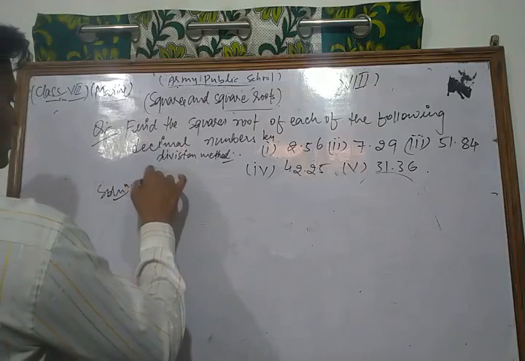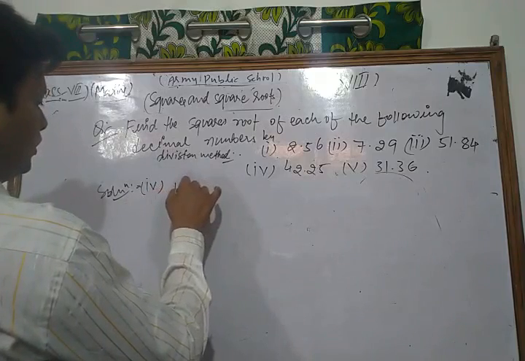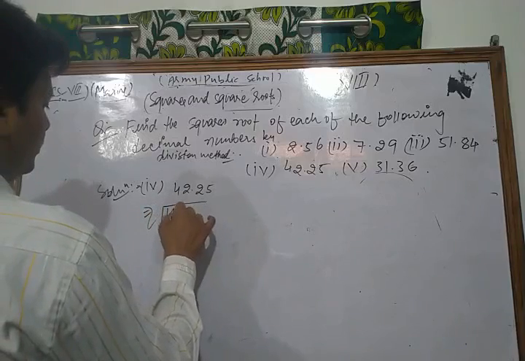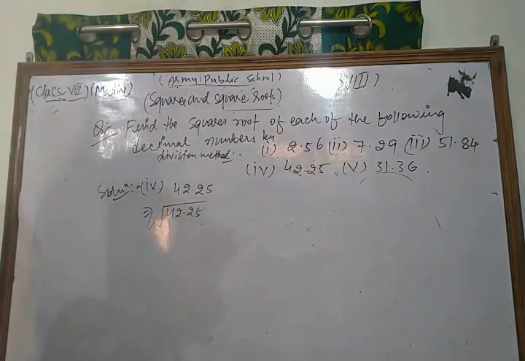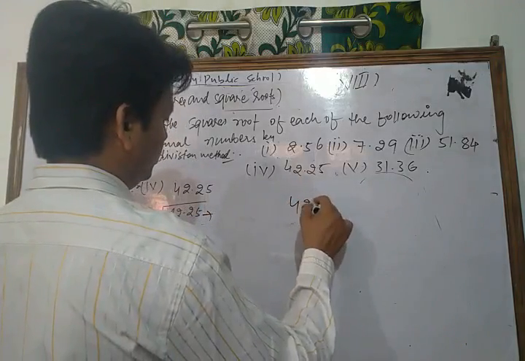Fourth part is 42.25. We just find the square root of 42.25. For that, we apply the same method.